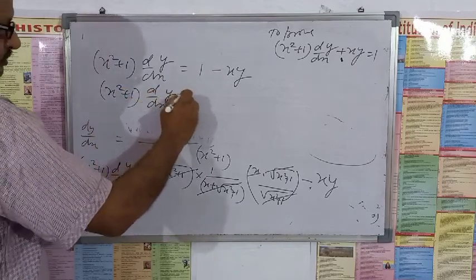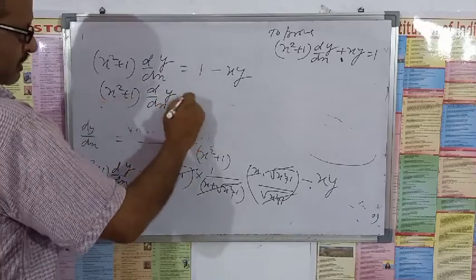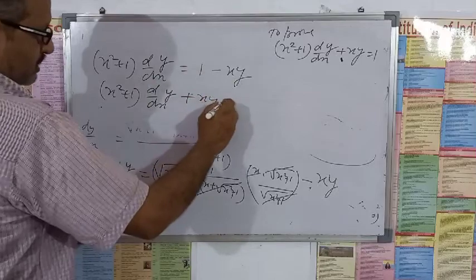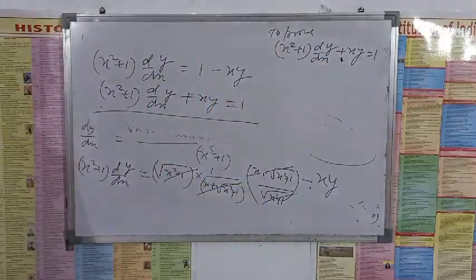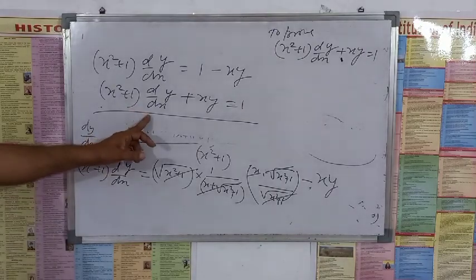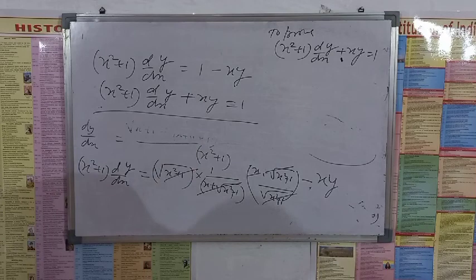D by dx of y plus xy is equal to 1. So it is proved. X square plus 1 d by dx of y plus xy is equal to 1. So it is question number 15, first part.